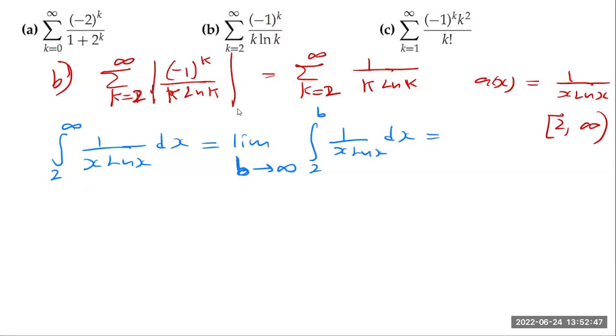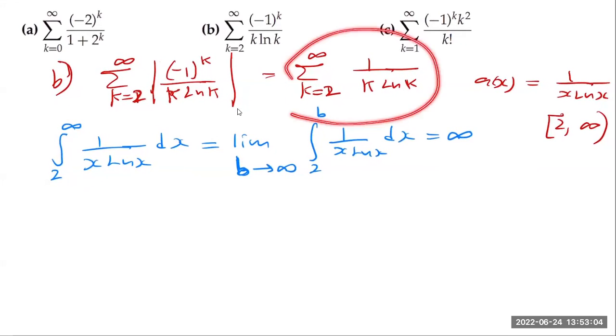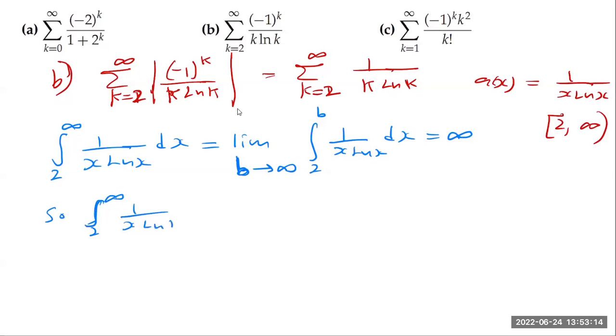And you know how to calculate this integral from Calculus 2. If you calculate this integral, you will see that it is infinity. That means this improper integral diverges. What does that tell you? By the integral test, this series also should diverge. So the integral from 2 to infinity of 1 over x times ln x dx diverges.